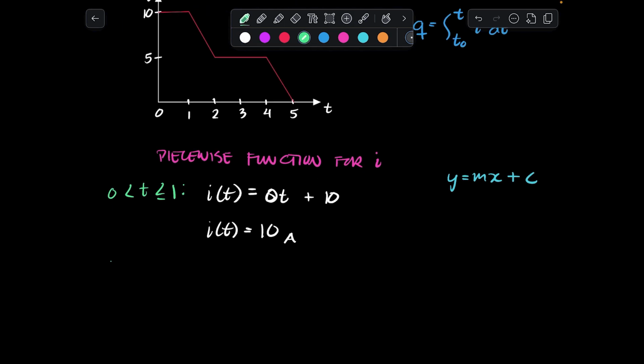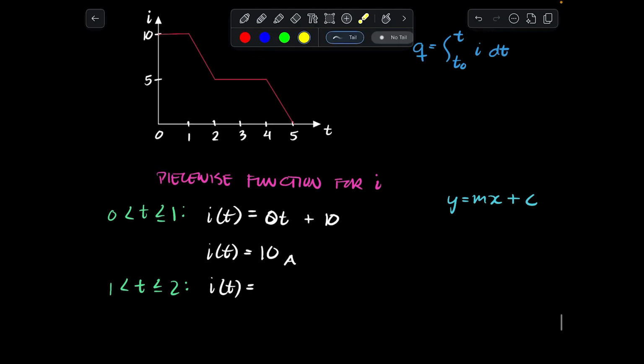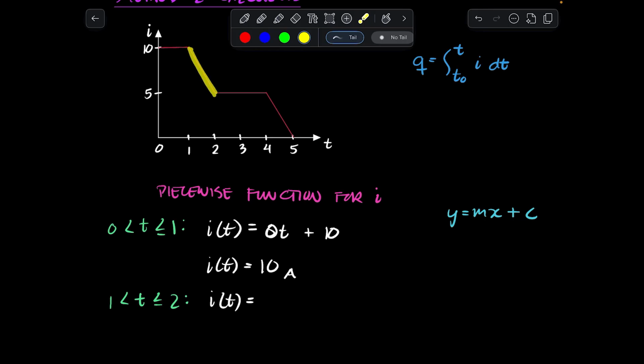And so, between the interval of 1 and 2 seconds, we have that I of t is equivalent to, let's find this slope here. We're going down by 5 units, -5, and then we're going to the right by 1 unit.